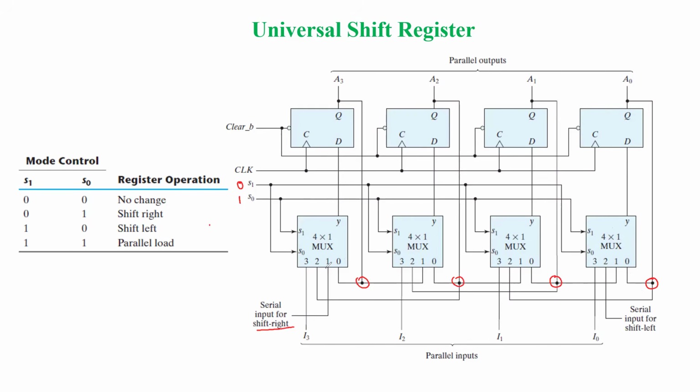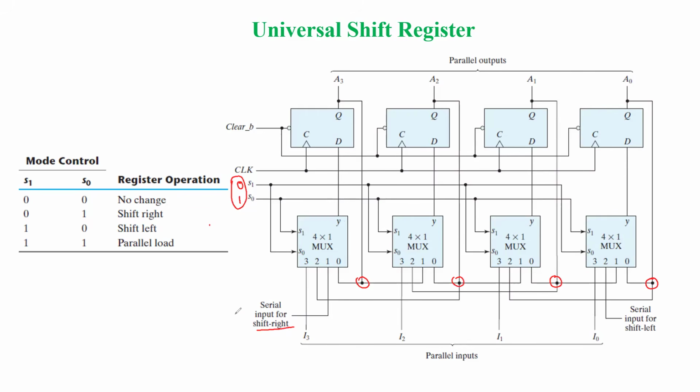Whatever input is given to port 1, and this combination 0, 1 is equal to decimal 1, so it takes the input from port 1, and that input will be available at this value.